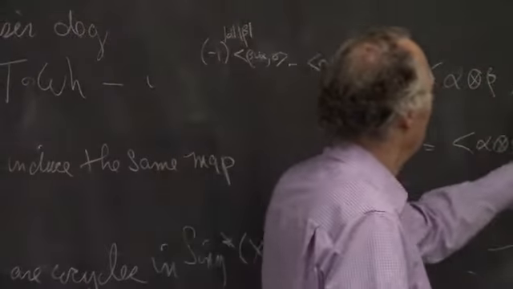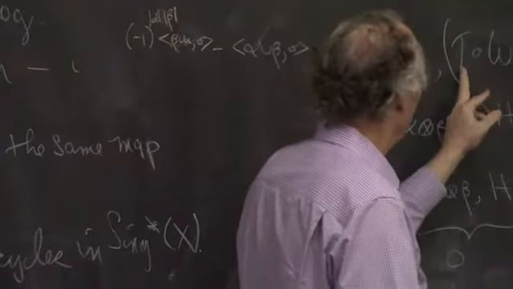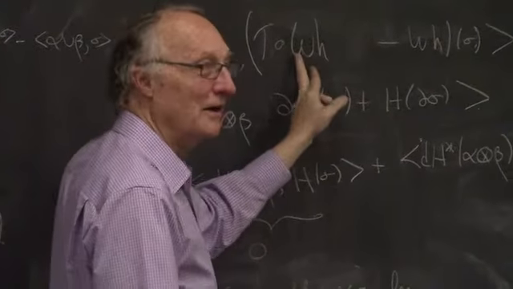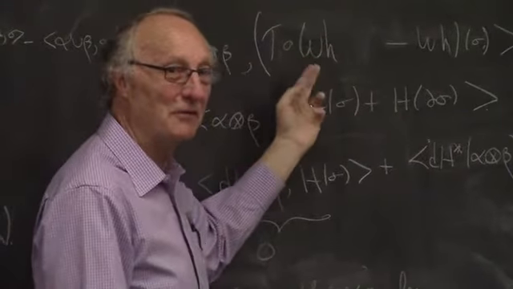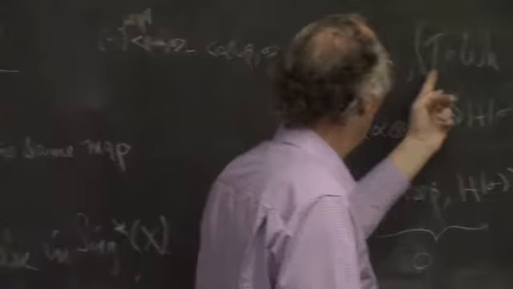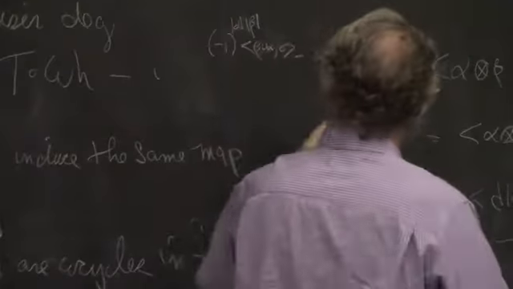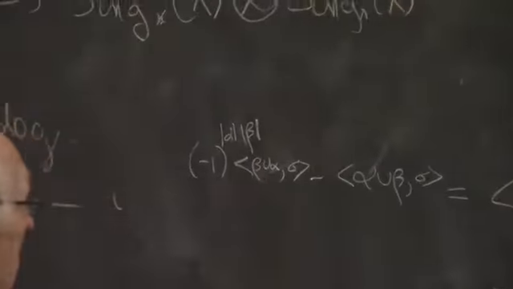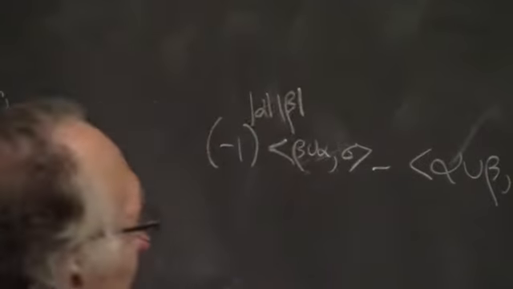Because the sign flips the two, so if I have front face tensor back face here, when I flip them, I get back face, front face with the sign. So I'm evaluating alpha on the back face and beta on the front face. Well, that's what this is. And this is the sign.